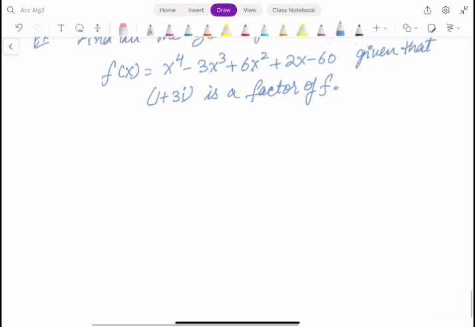So if 1 plus 3i is a factor, that also implies that 1 minus 3i will also be a factor, right? So let's write it down. Complex roots occur in a conjugate pair.